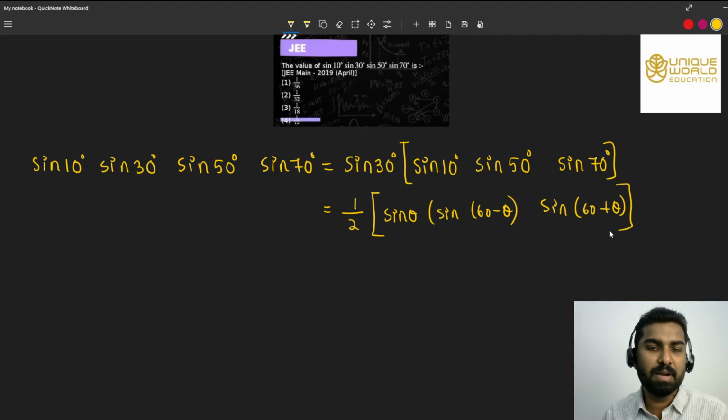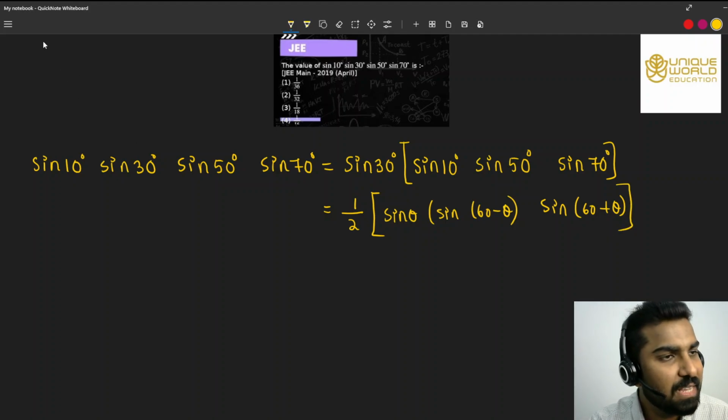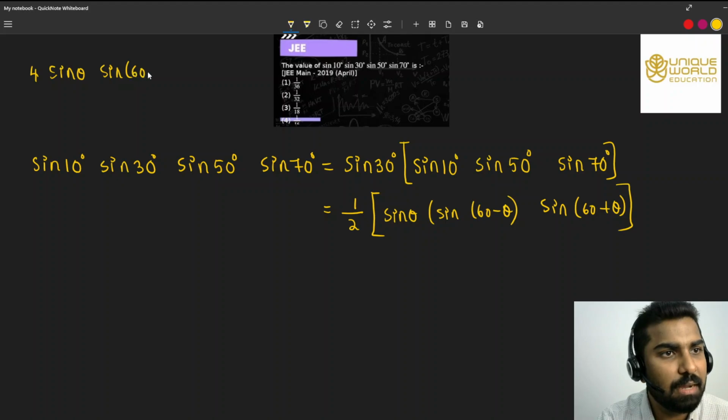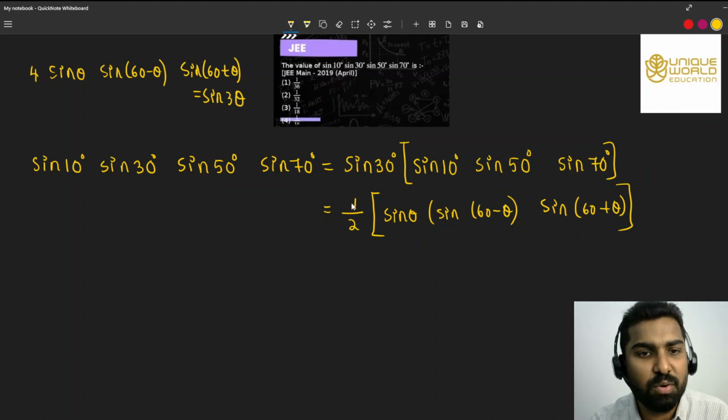Same format. As we know, 4 into sin theta into sin 60 minus theta into sin 60 plus theta will be equal to sin 3 theta, the standard formula. But here the 4 is missing.